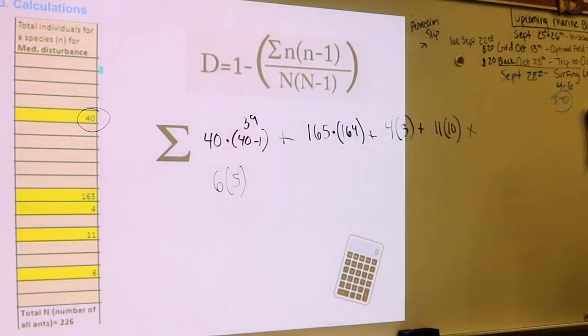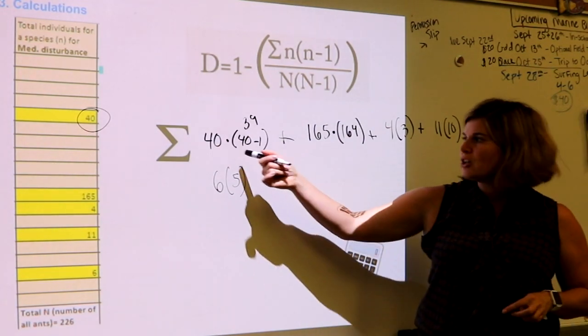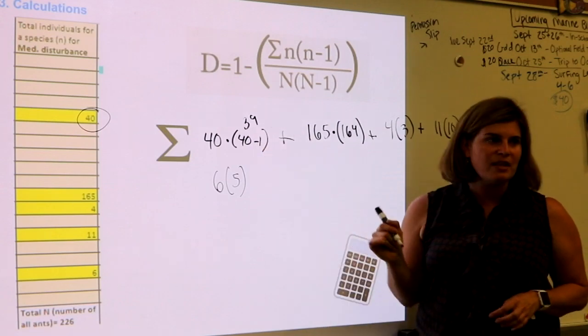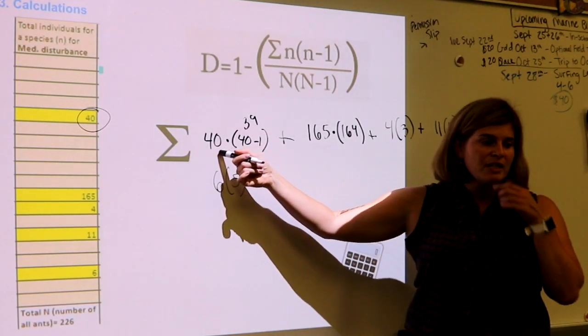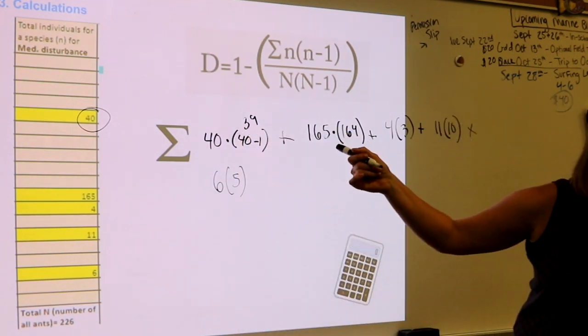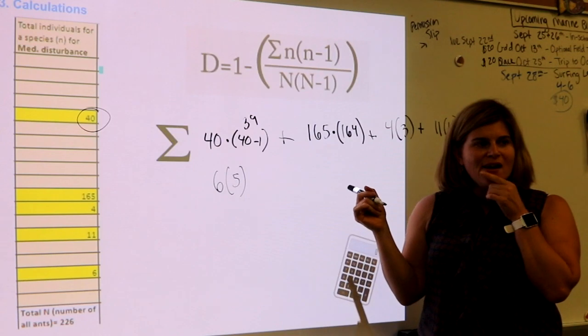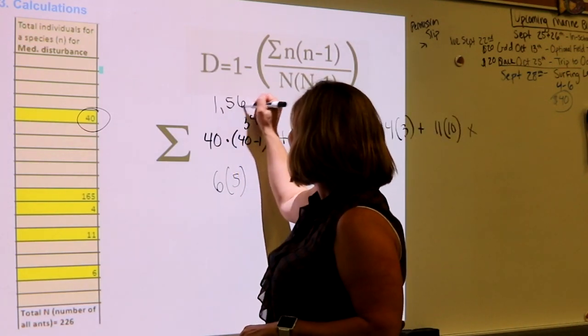This is a part where you probably need a calculator because you're going to multiply all these together and come up with those values. So 40 times 39, if I do that in my head real quick, I think that's around 1,560. Wow, that's really good, Julianne.